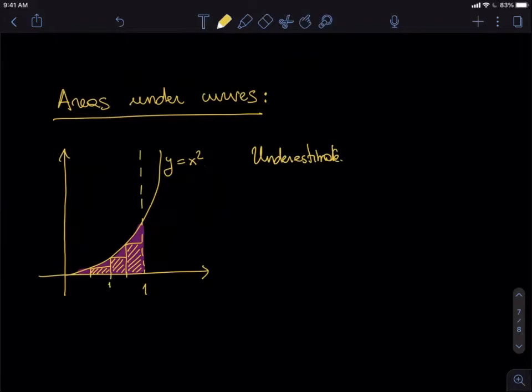So here, notice that I chose 4 sample points: 1/4, 1/2, and 3/4. Okay, 0.25, 0.5, and 0.75.